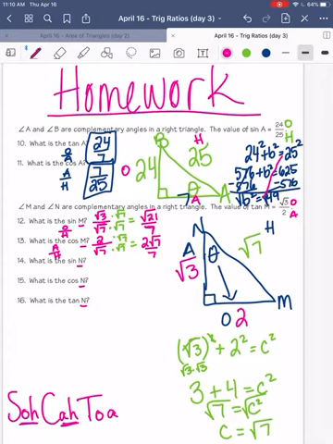So now we're going to do sine is O over H. So our O is 2 over root 7. And we just did that problem. So our answer is 2 root 7 over 7. So these two are the same answer. Exactly the same. Okay? Cosine is A over H. And that's root 3 over root 7, which is the one we did at the top.